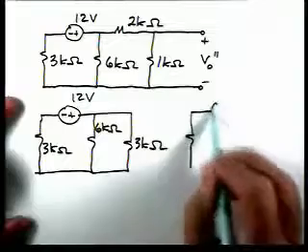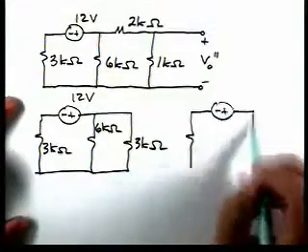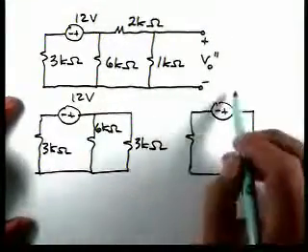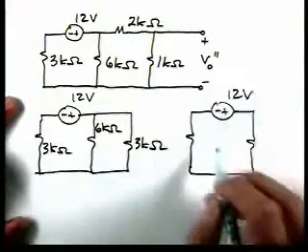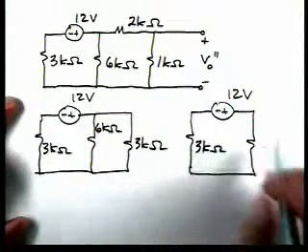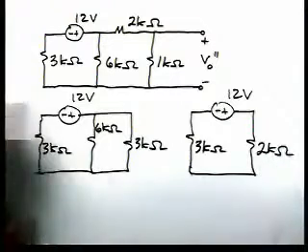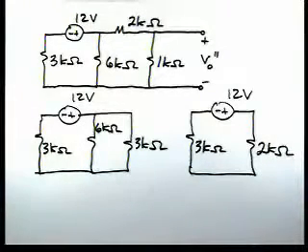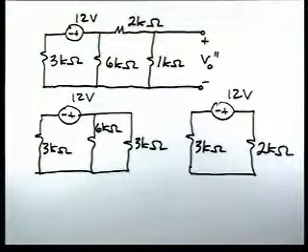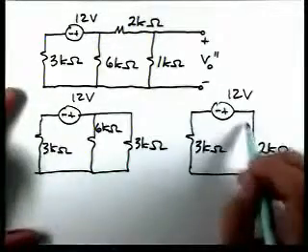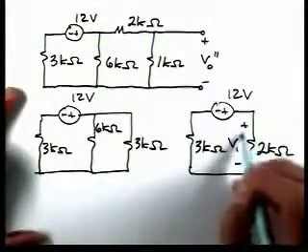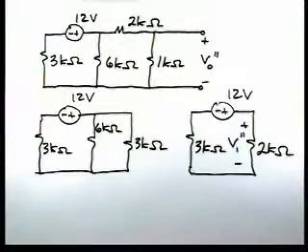So our circuit then reduces to the following. Now, let's define this voltage as V1 double prime. We can calculate that from voltage division.